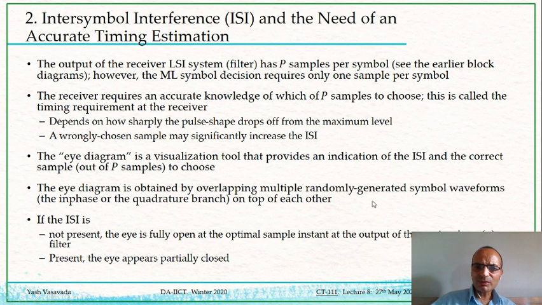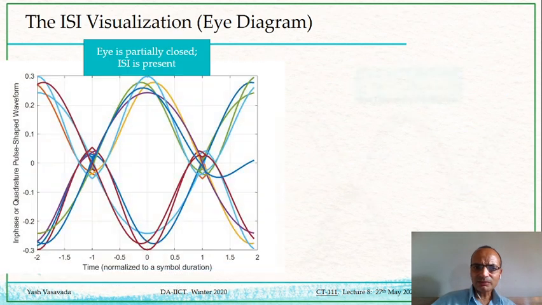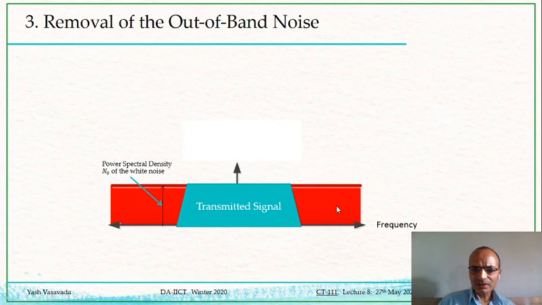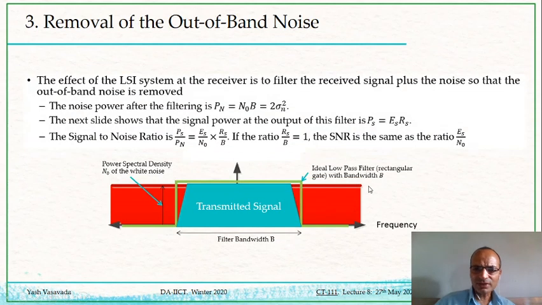So fine, it may not be able to entirely zero out all the noise that falls outside of this rectangular window. Maybe there will be some residual part which may leak into the receiver, but still it will actually indeed get rid of a lot of the out of band noise.